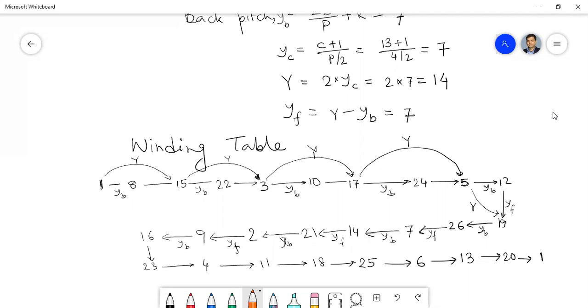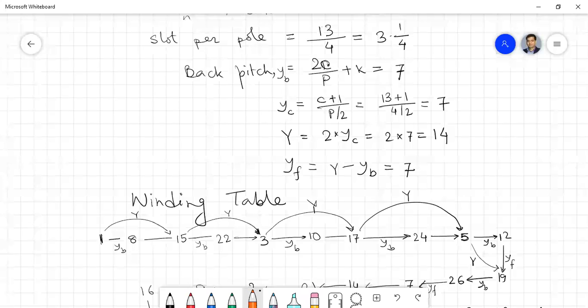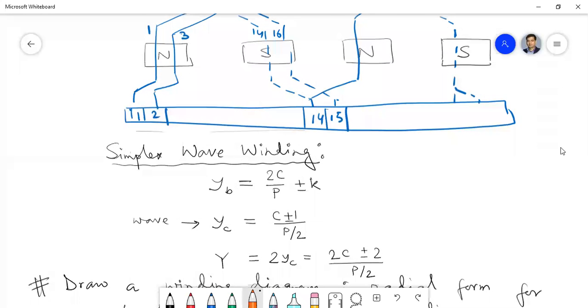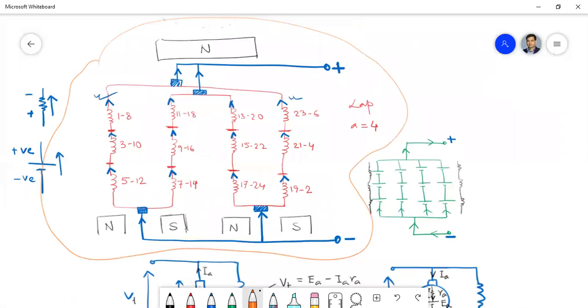Now, it may so happen that in case of lap winding, if there is a mismatch in the poles, at a particular time instant one parallel path will contribute more voltage compared to the other parallel path. Now take this example where I have drawn all these parallel paths. Okay, so let us take this example.